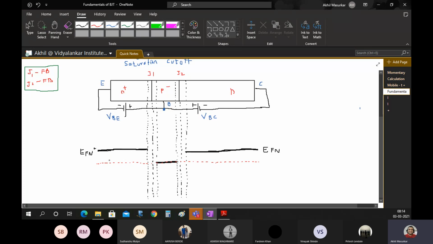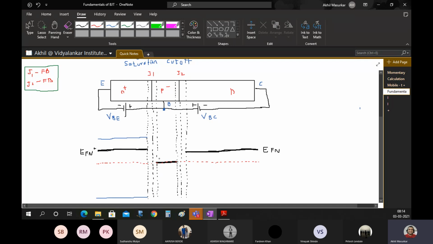So this is N type. So conduction band will be close to the Fermi level and valence band will be away from the Fermi level.